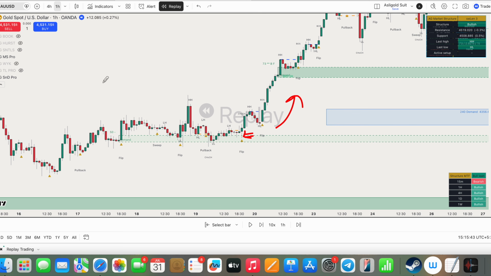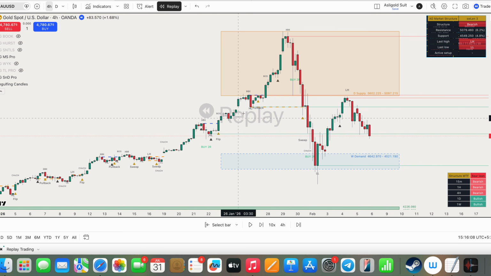So structure, level, and candle, all three lining up at the same spot. That confluence creates a higher quality price action setup. It is not a guarantee, but it gives you several complementary pieces of price evidence pointing in the same direction instead of relying on one isolated signal.